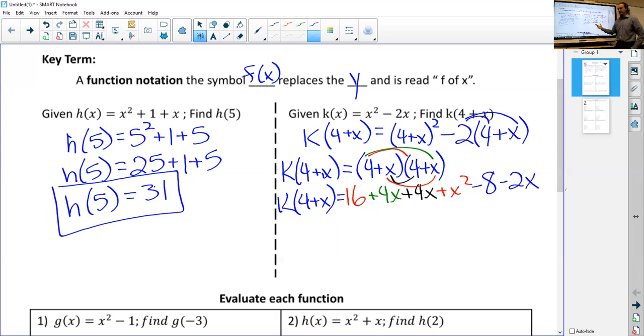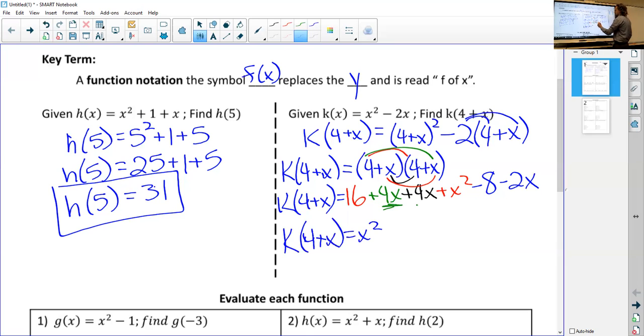So I just want to combine all my terms as best I can. And then we want to keep our order. So we're going to start with our highest exponent and work our way down. So we're going to say final answer, k of 4 plus x. Okay, so I only have this 1x squared. And then I have all these x's.